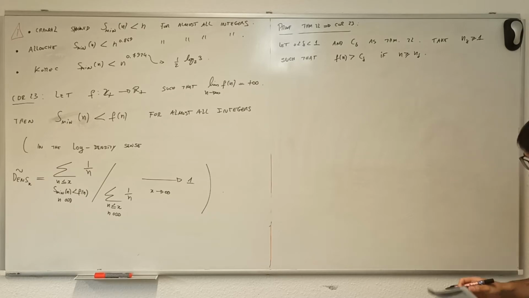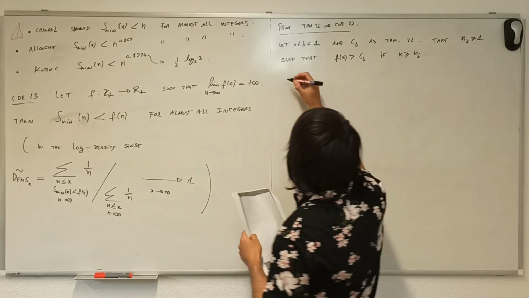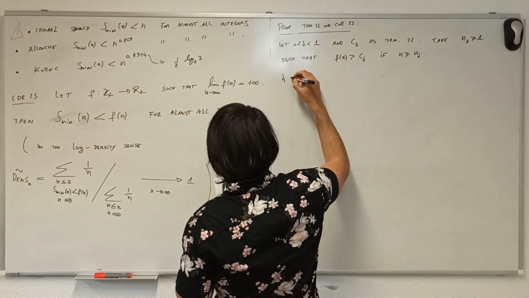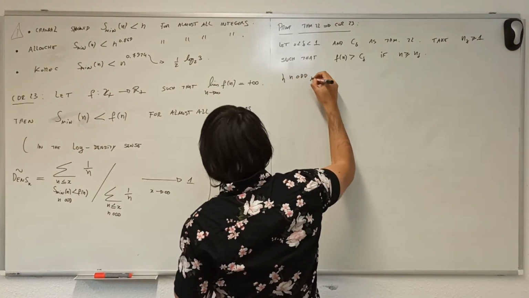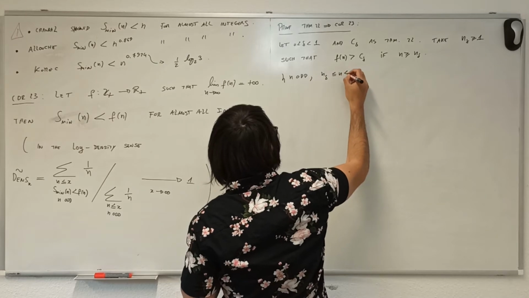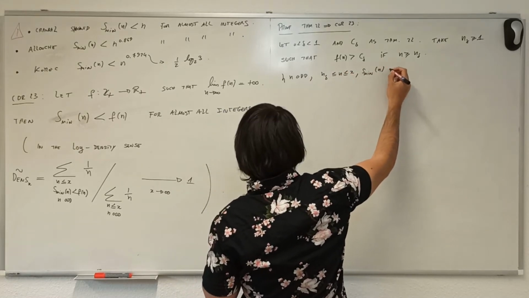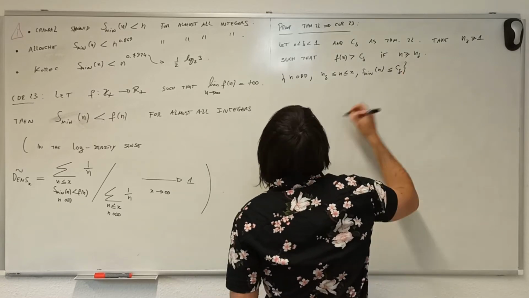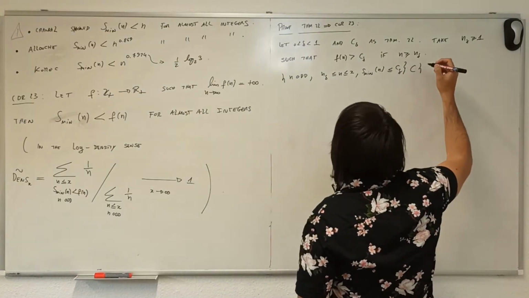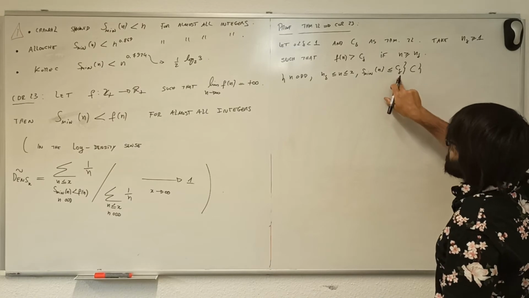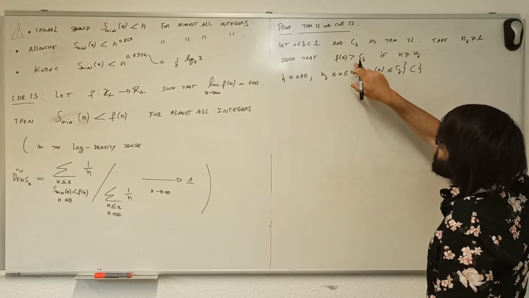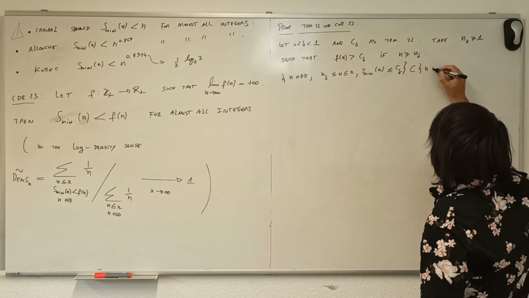Great. So therefore you have that the set of n odd, n delta less or equal than n less or equal than x, and S min of n less or equal than c delta, this set is contained in this other set, because if it's less or equal than c delta, well, it's less or equal than f of n, of course.